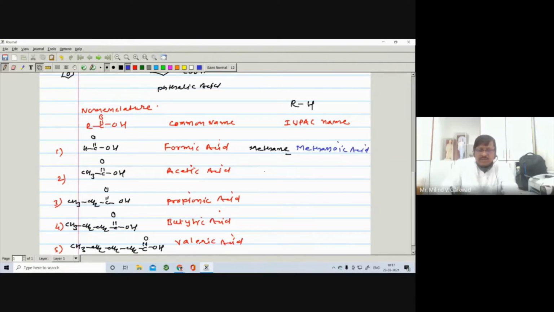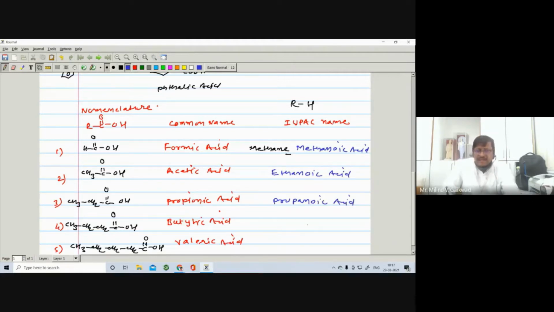It contains 2 carbons, so it is ethane. Ethane, E is replaced by OIC acid. So the common name and IUPAC name are also very simple. Then it contains 3 carbons, so it is propane. E is replaced by OIC acid, propanoic acid.